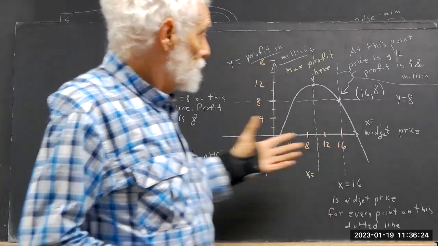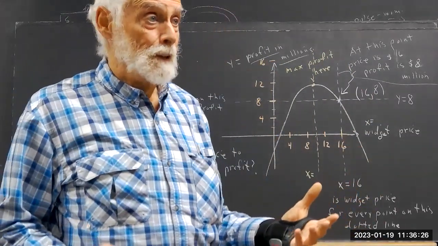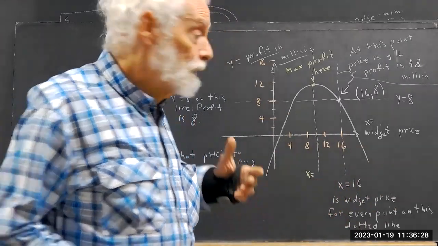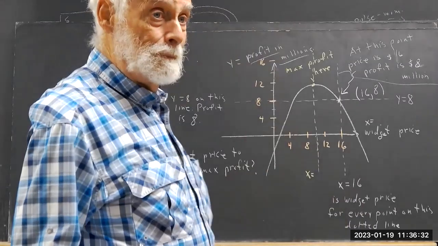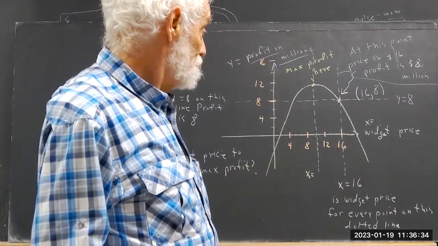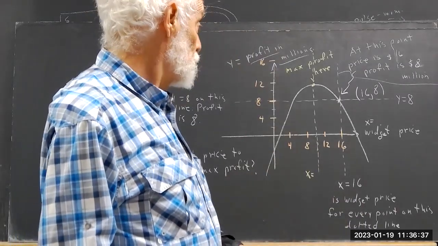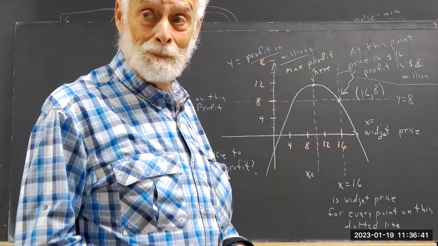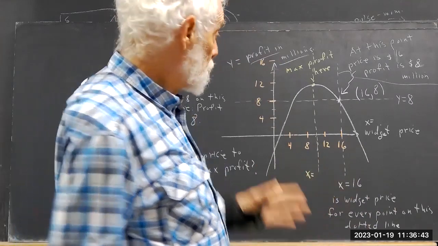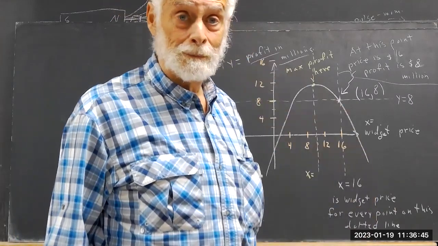Now that's how you do it with a hand-drawn graph. Of course, if you have a function, you can crunch the numbers and you can do the algebra and the calculus. That's what we're going to learn in the course, but first let's understand graphs.